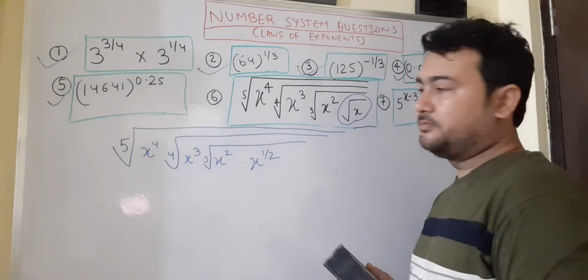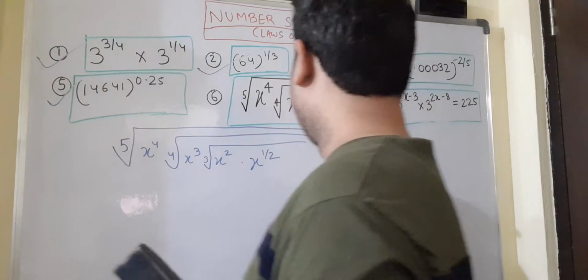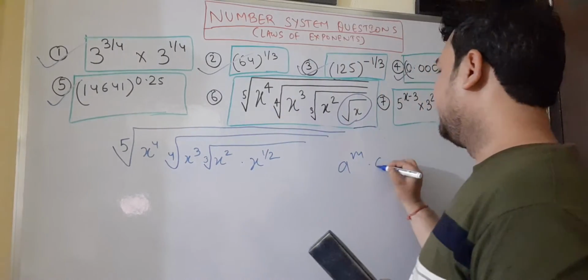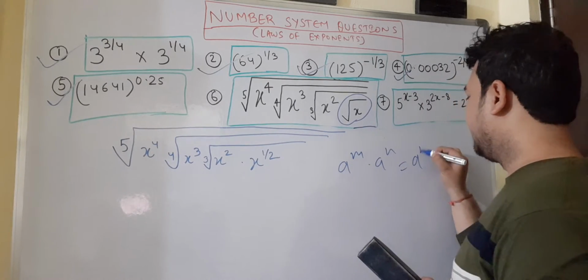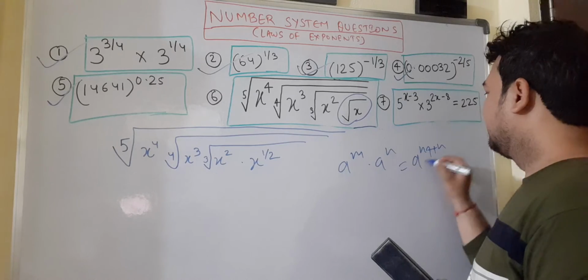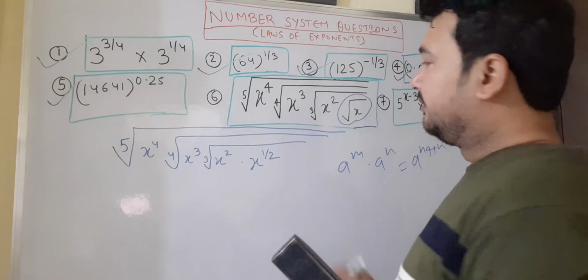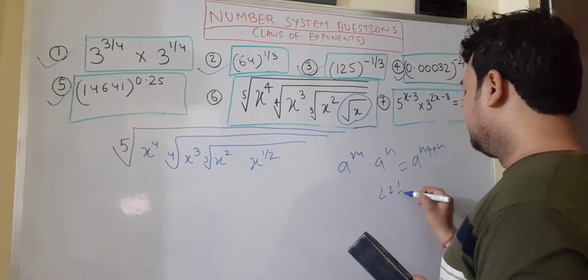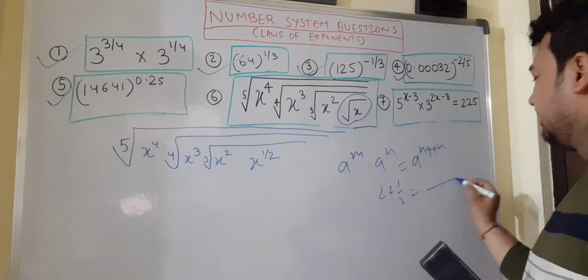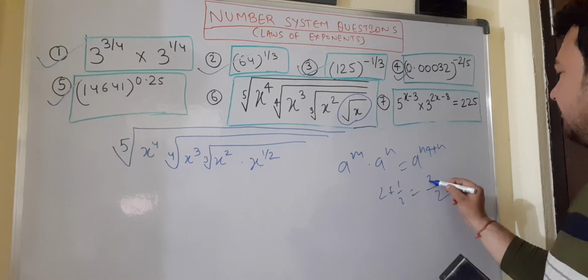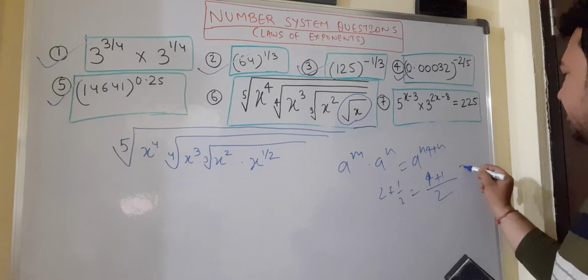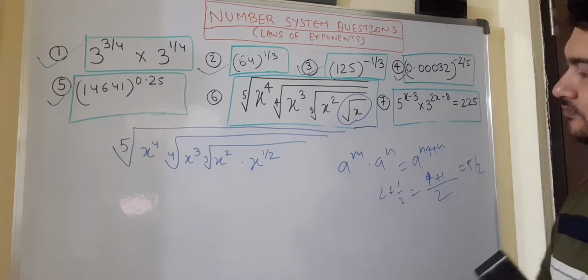Now in the next step, you have a to the power m into a to the power n. What will you do? You will perform the operation a to the power m plus n. So you will add 2 and 1 by 2. What will it become? Denominator will be 2, 2 twos are 4, and plus 1, it will become 5 by 2.